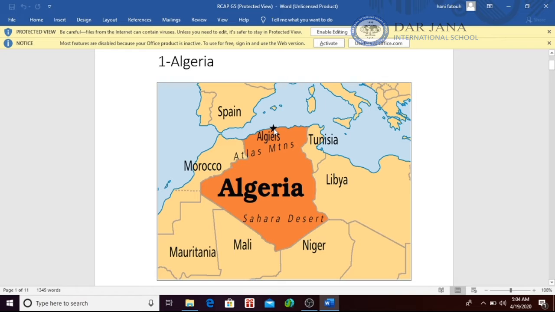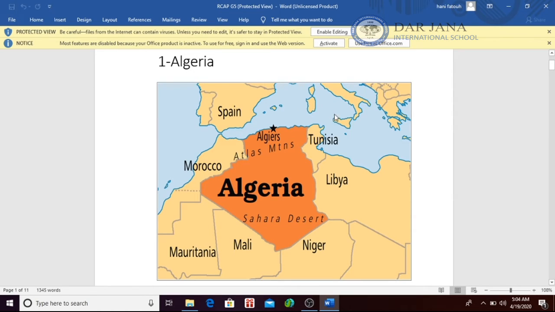Of course, the countries of the African continent are separated from the European continent, like, for example, here we can see Italy and Spain, and between them we have the Mediterranean Sea, which is here.